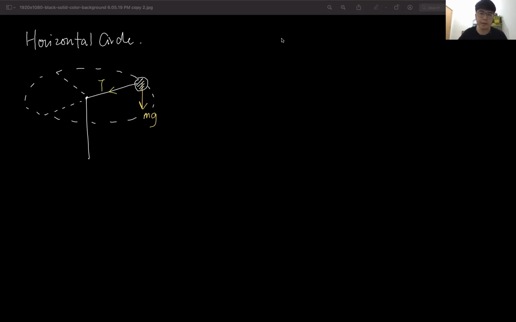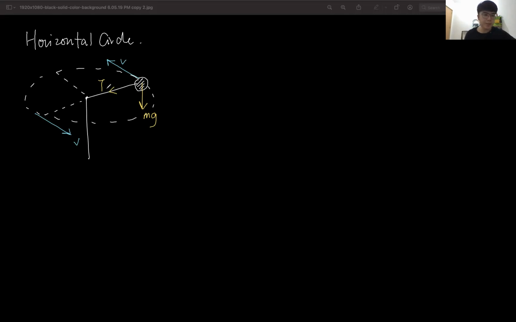Okay, where is our linear velocity? Our linear velocity is tangential in this direction, v, and when it reaches here, then v. So think of it like I spin it horizontally like this. Mg is always not related. So that means, what is my resultant force?